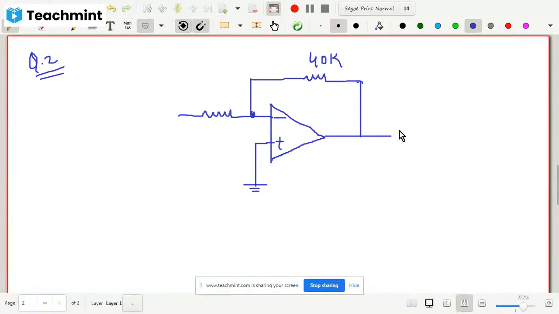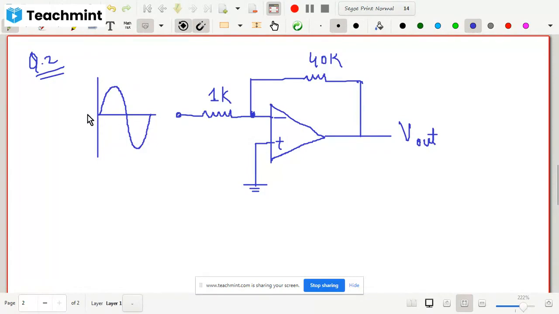Okay, and here I have V out and this is my RI. So let's say RI is given as 1K and some voltage is applied here. Now this is not written in the question directly, but it is given in the form of this diagram here. So this is the voltage given to you, it is applied here.